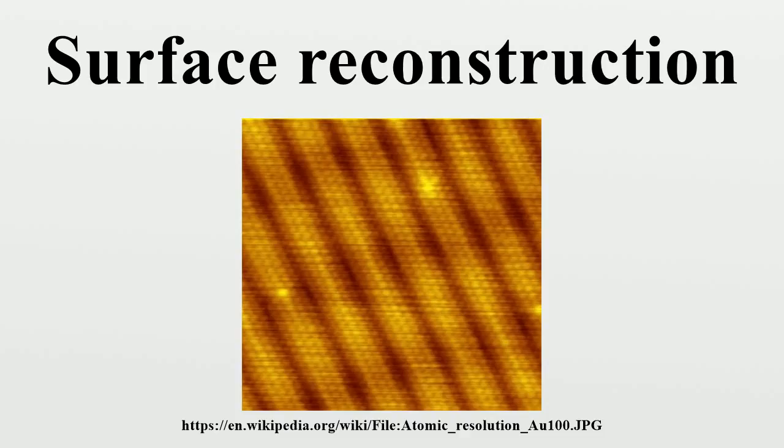Special techniques are thus required to measure the positions of the surface atoms, and these generally fall into two categories: diffraction-based methods adapted for surface science, such as low-energy electron diffraction or Rutherford backscattering spectroscopy, and atomic-scale probe techniques such as scanning tunneling microscopy or atomic force microscopy.